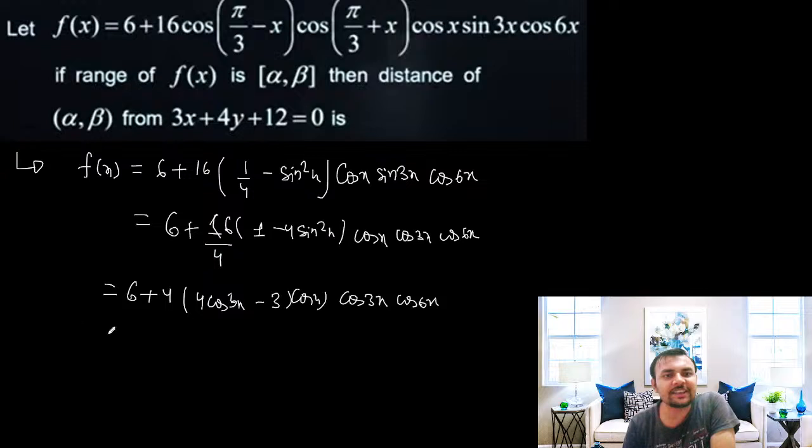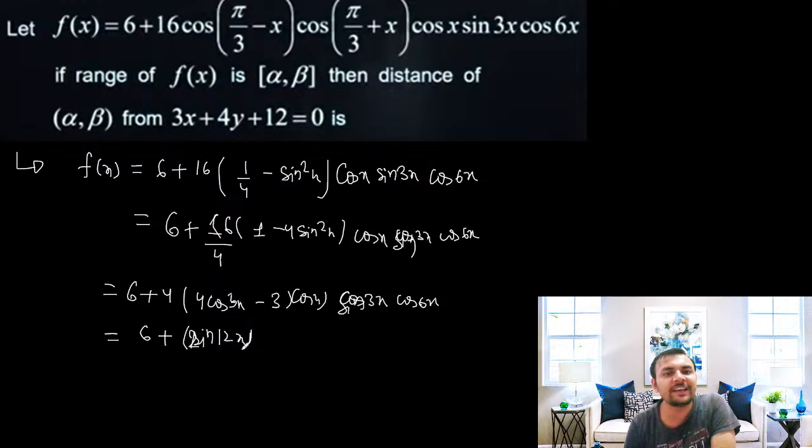So it is nothing but 6 plus sin 3x cos 6x. Sin 3, we wrote cos, okay, sin. So this has become simpler, isn't it? So cos 3x plus sin 3x, it is 2 cos 6x, sin 6x, sin 12x. It is nothing but sin 12x.